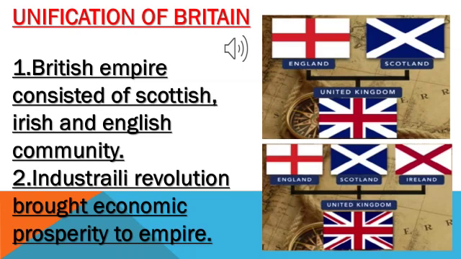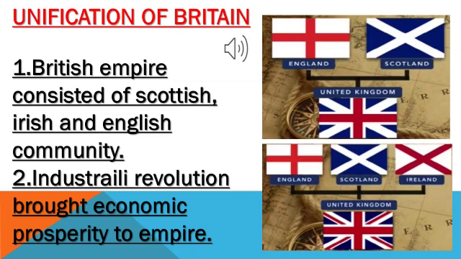Now, the Act of Union of 1707 between England and Scotland resulted in the formation of the United Kingdom of Great Britain, and this led to the domination of Scotland's distinctive culture and political institutions. Ireland was forcibly included in the United Kingdom in 1801.